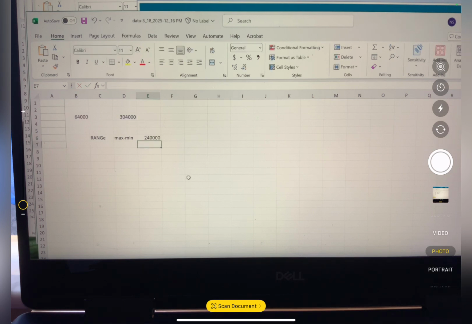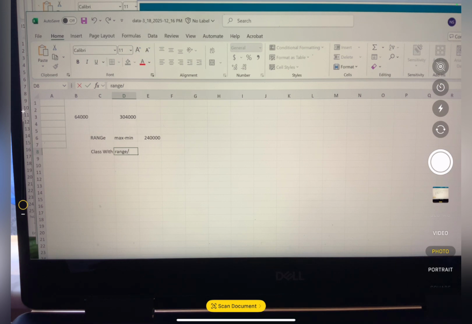So 24,000. Now, class width is equal to range divided by the number of groups.